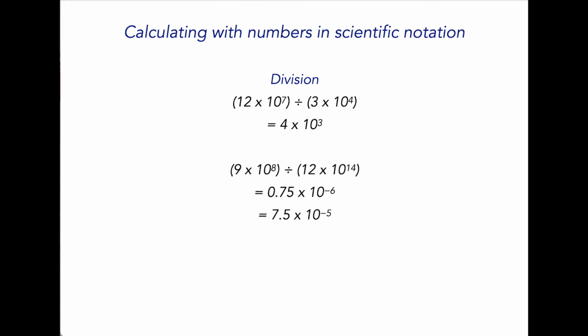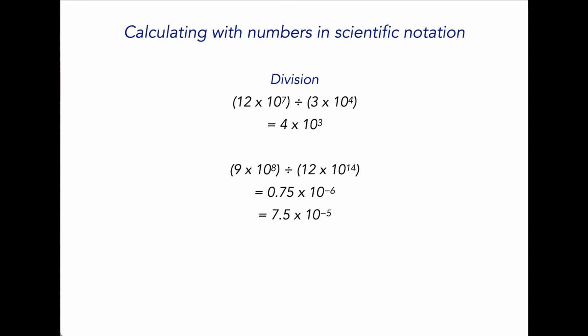And a second example: 9 times 10 to the power of 8 divided by 12 times 10 to the power of 14. Now 9 divided by 12 is going to give us 0.75, and 10 to the power of 8 divided by 10 to the power of 14 is going to give us 10 to the power of negative 6.